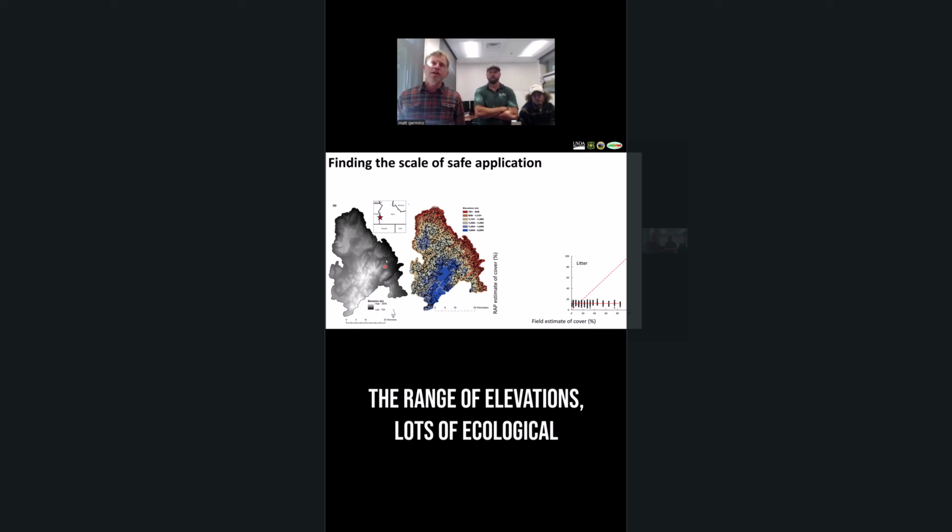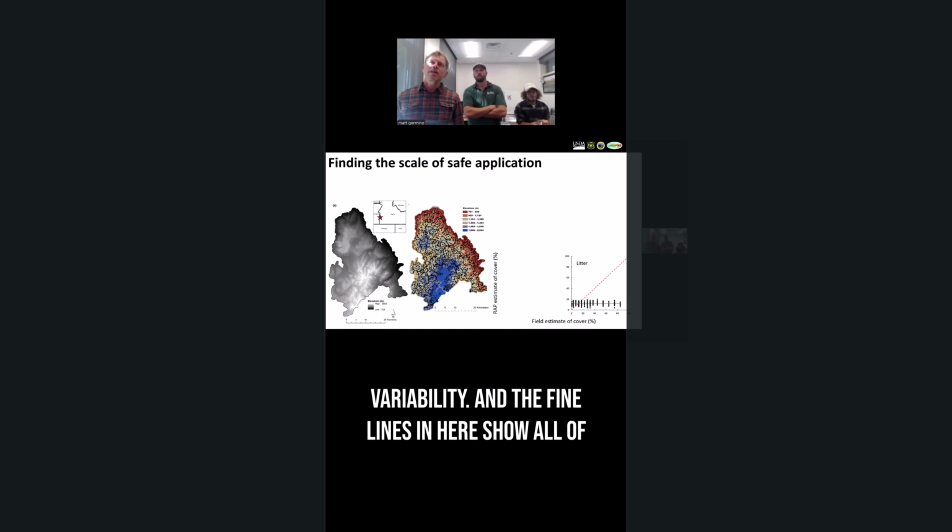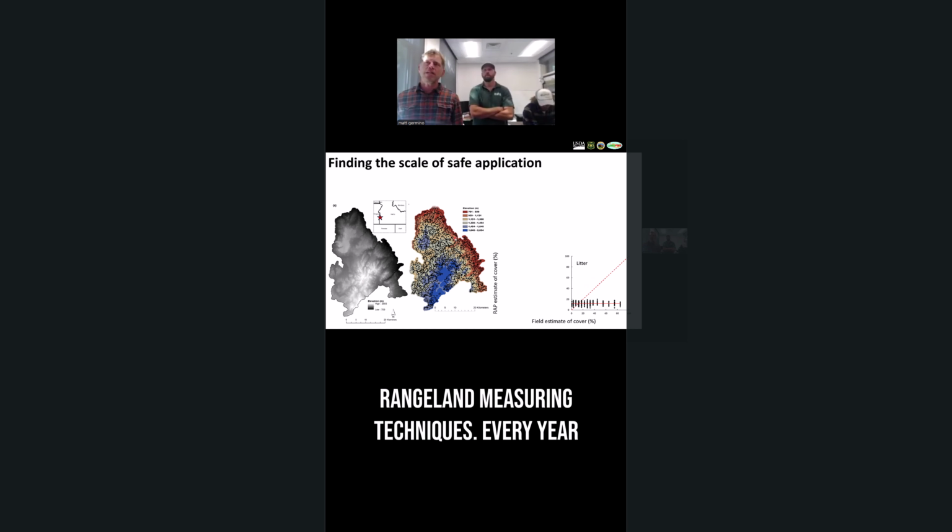And so here you can see the range of elevations, lots of ecological variability, and the fine lines in here show all of the different pastures and management units, 105 of them. All the points show 2,000 field plots that were measured using standard rangeland measuring techniques every year, almost from 2015 to 2020, so the first 5 years after the fire.